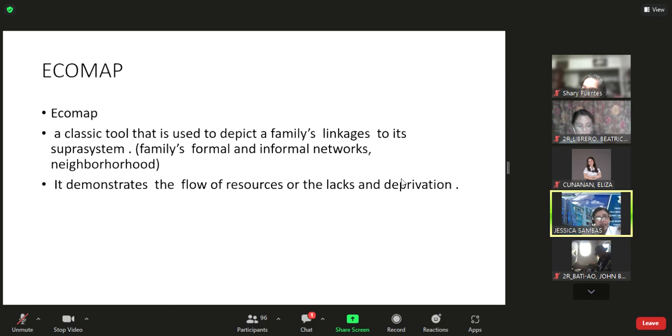May mga existing din na mga formal networks, no? It could be represented through the various institutions, facilities that are available within the community. Like, for example, school, San Pedro College. Isang student, si Miss Cabriadas, always siya sa San Pedro College kasi student naman siya doon.